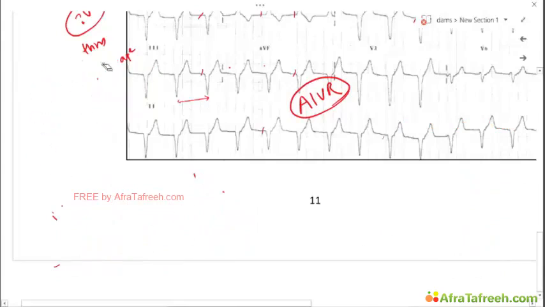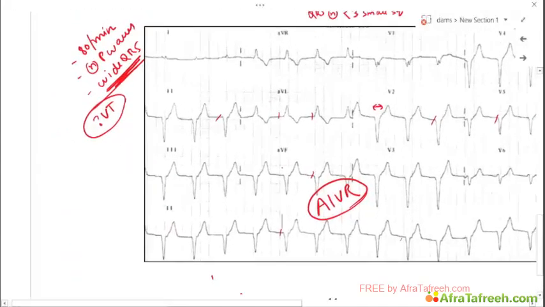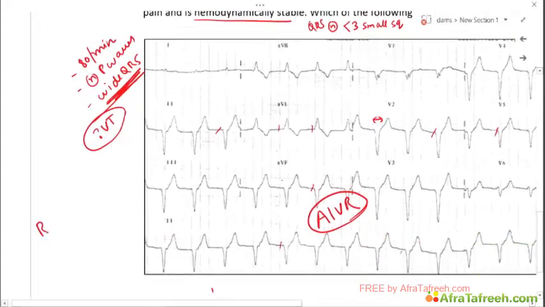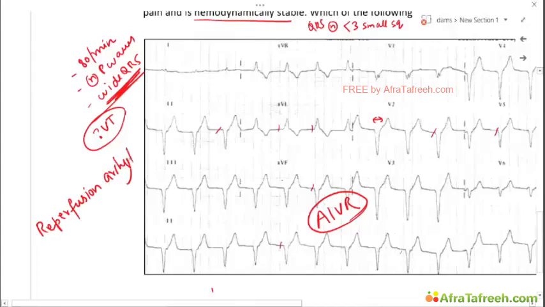Now, why is it important? And why make a diagnosis of this kind? Because this is one of the reperfusion arrhythmias. You have to remember this. This is a reperfusion arrhythmia. Whenever an artery is blocked, it leads to ischemia, it leads to a STEMI.